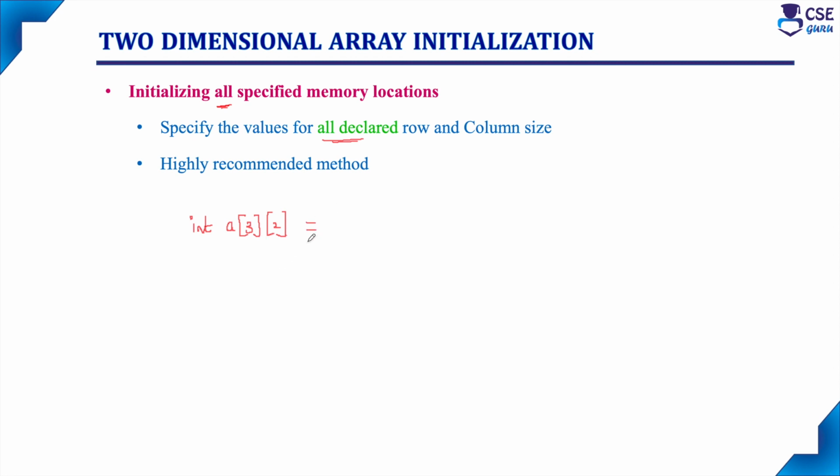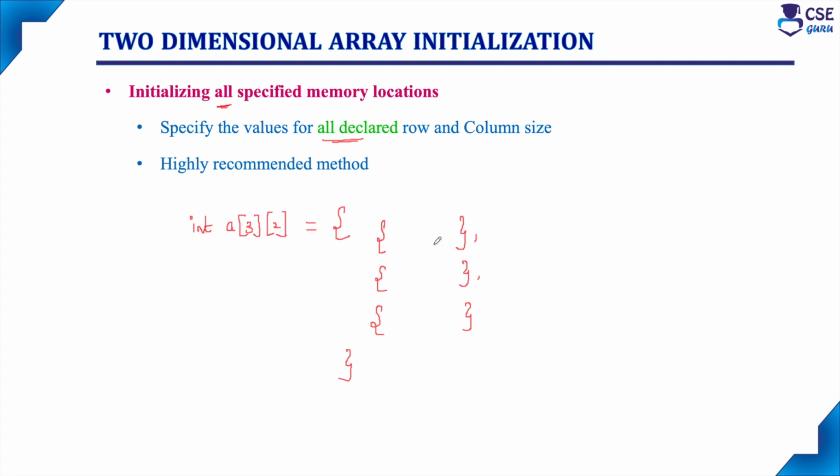Use the equal sign, and within the curly brackets we have to specify the values for 3 rows and 2 columns. So within the brackets, 3 rows: this is for the first row, this is for the second row, and this is for the third row, and each should be separated by a comma.